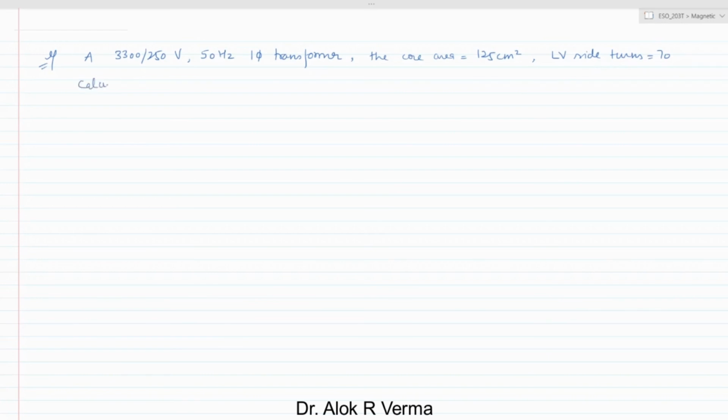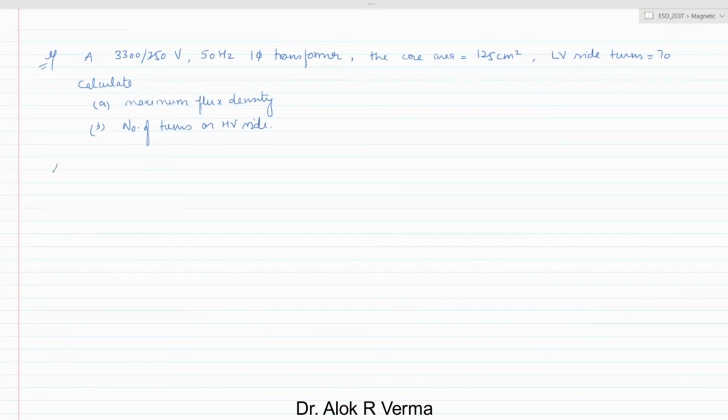Then we have to find out the number of turns on the HV side. Okay, so this is what we have to calculate.